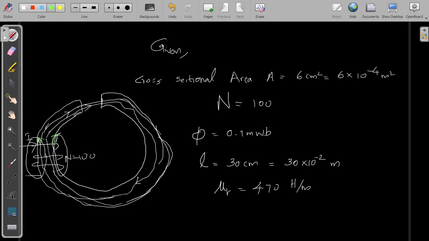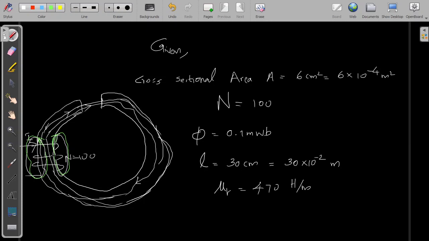That means in this small path, some of the flux lines will complete their path like this also.